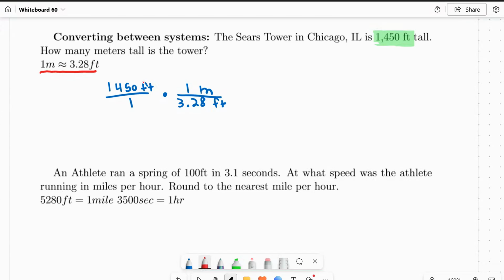That way, our unit of feet is going to cancel out. Just like the last problem, let's do fraction multiplication. 1,450 times 1 is just 1,450, over 1 times 3.28, which is just 3.28. Make sure we write our meters with our answer here.